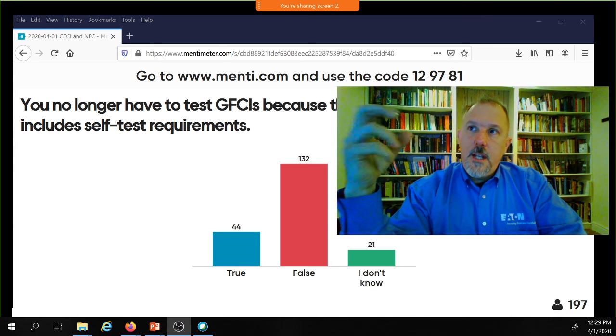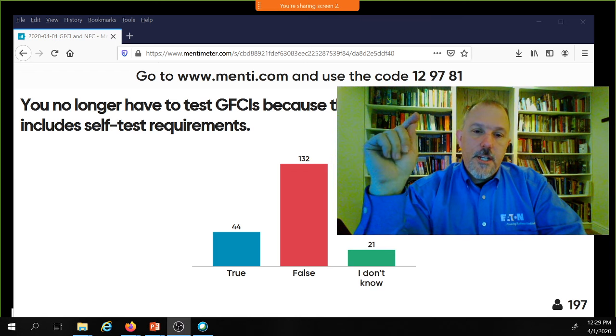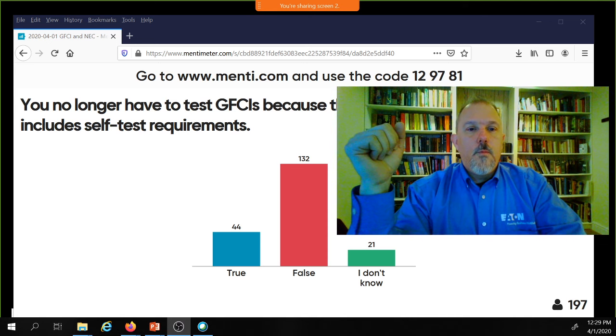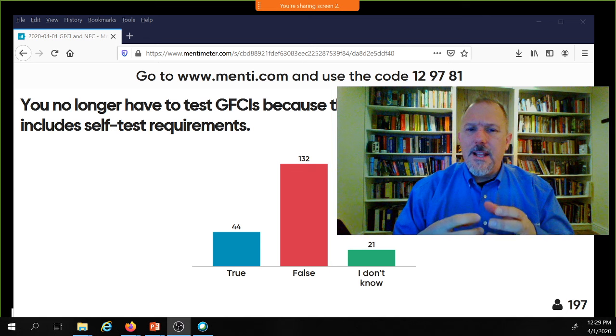So they changed the GFCIs in the standard so that there's self-testing capabilities, and what that does is test a lot of the mechanics and a lot of the electronics inside, making sure the brain is going.